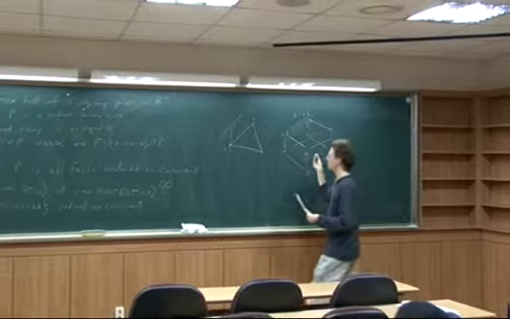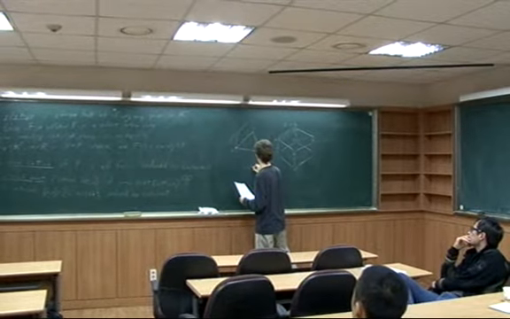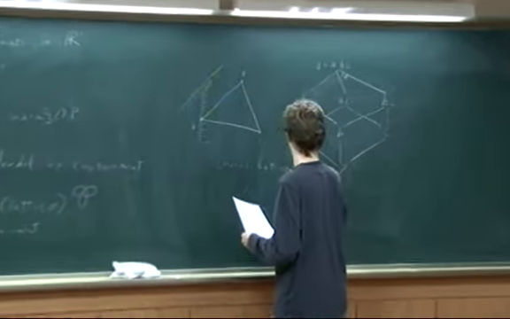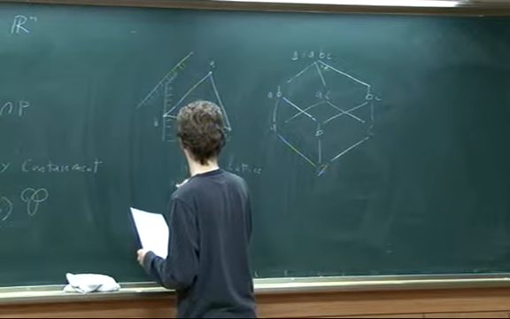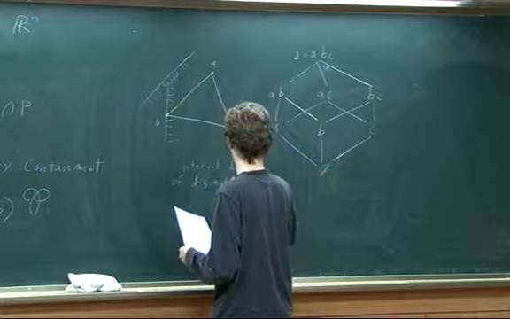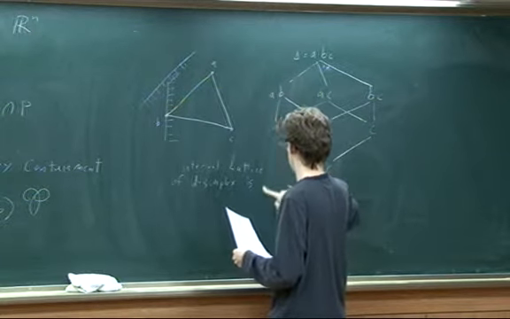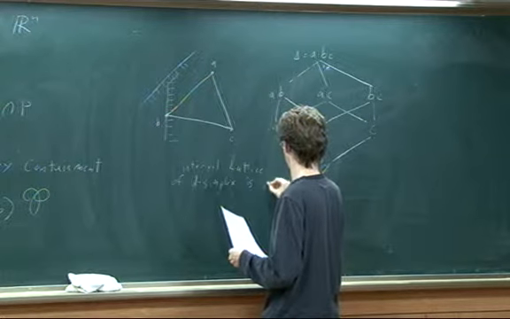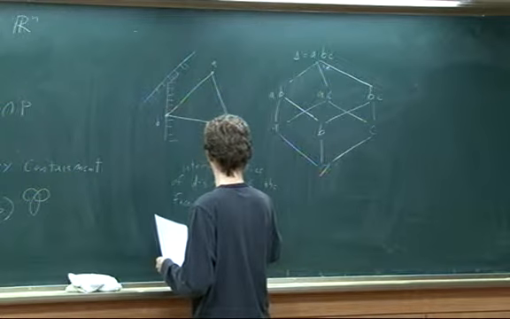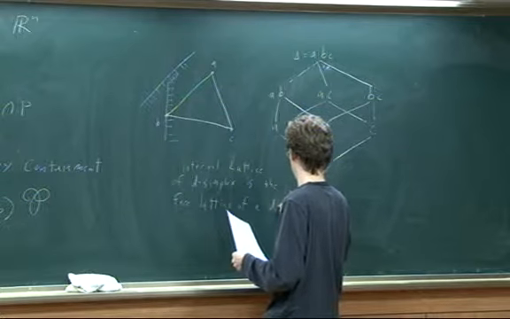If I start with a D simplex, this is the face lattice of a D plus 1 cube.